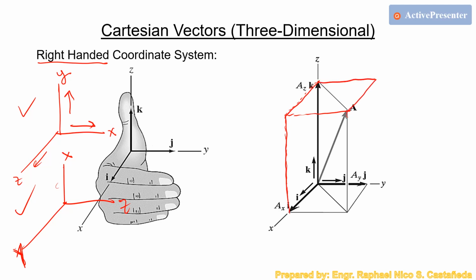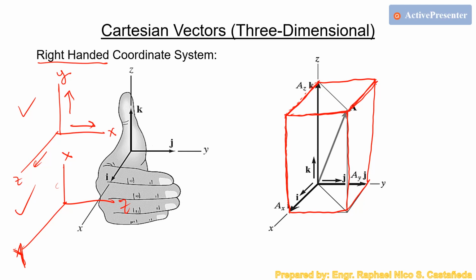Just remember, let's say it is a shoebox. The box always has three sides or three dimensions, which are the length, width, and height.